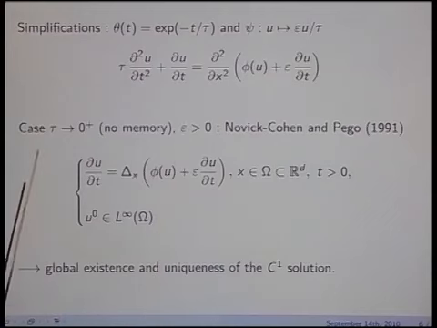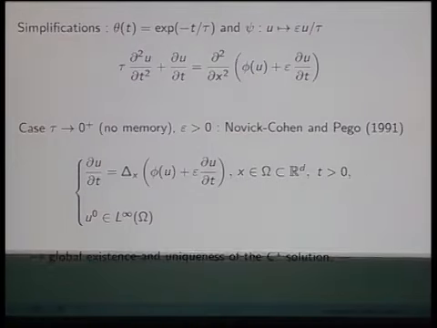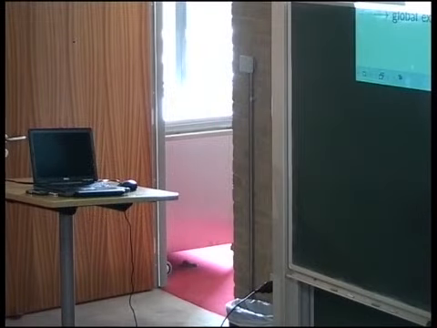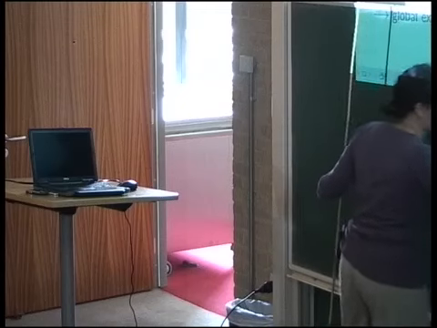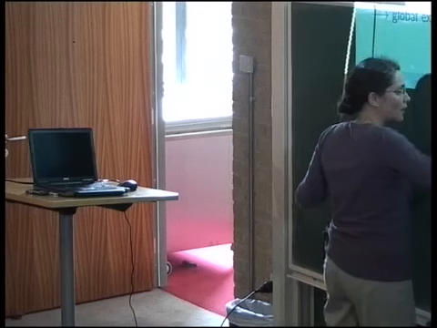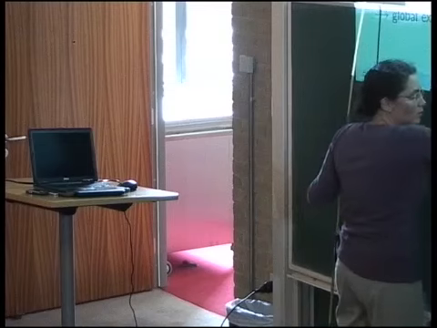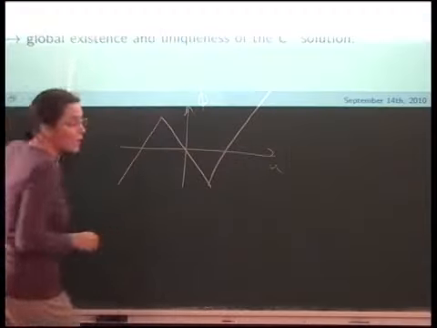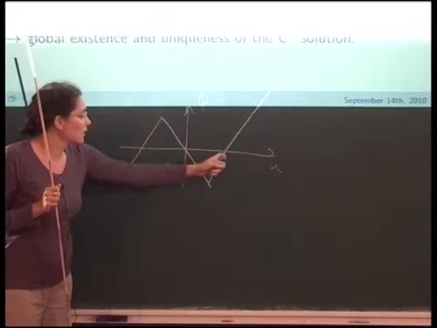So if you remember the shape of phi, maybe I'll just draw it quickly. Here you have u and phi, and this cubic-like function, meaning that we're really interested in the 3 zeros here.